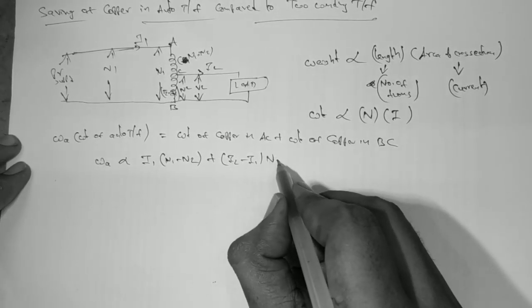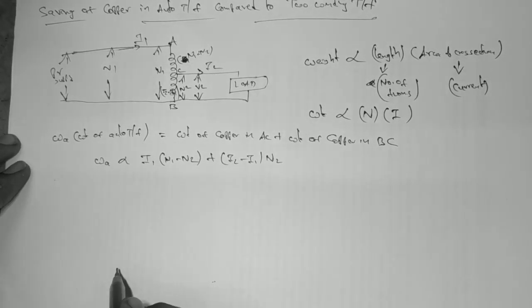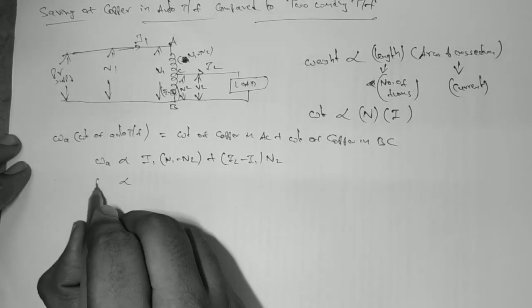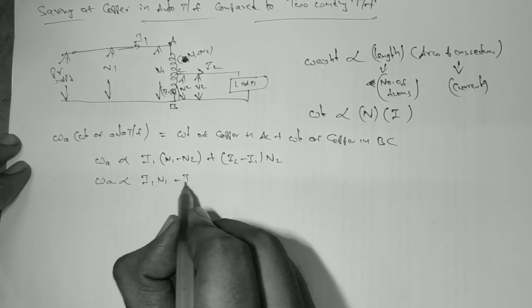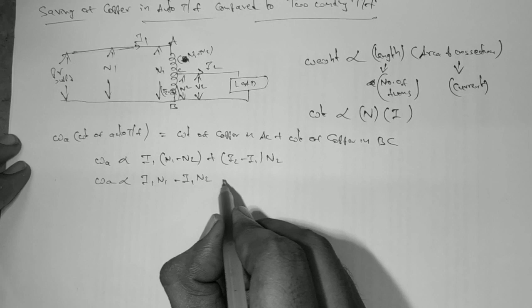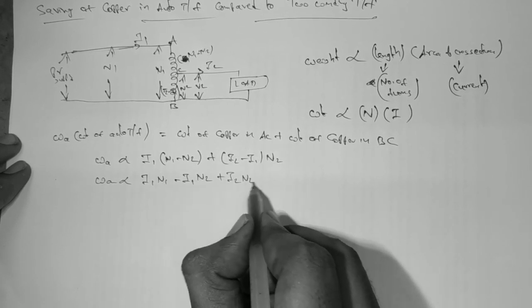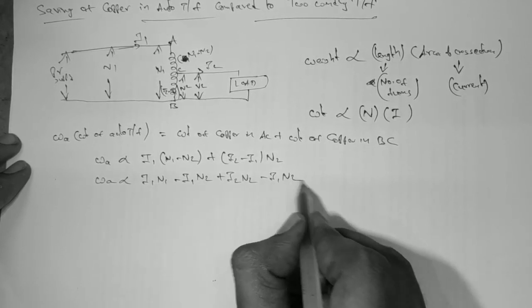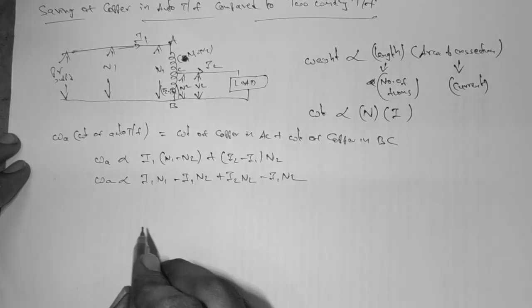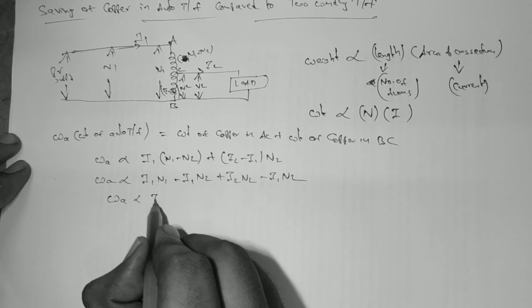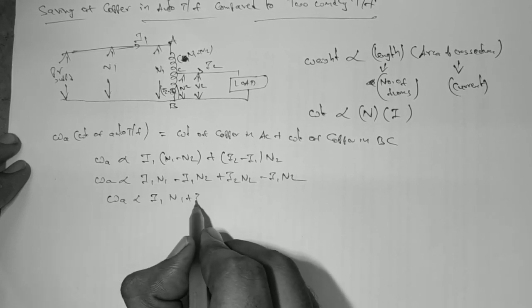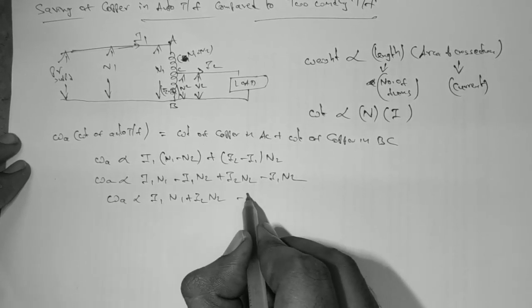This is the weight consumed for the auto transformer. Rewriting, I1 N1 minus I1 N2 plus I2 N2 minus I1 N2. Finally, the weight of the auto transformer is directly proportional to I1 N1 plus I2 N2 minus 2 I1 N2. This is equation 1.